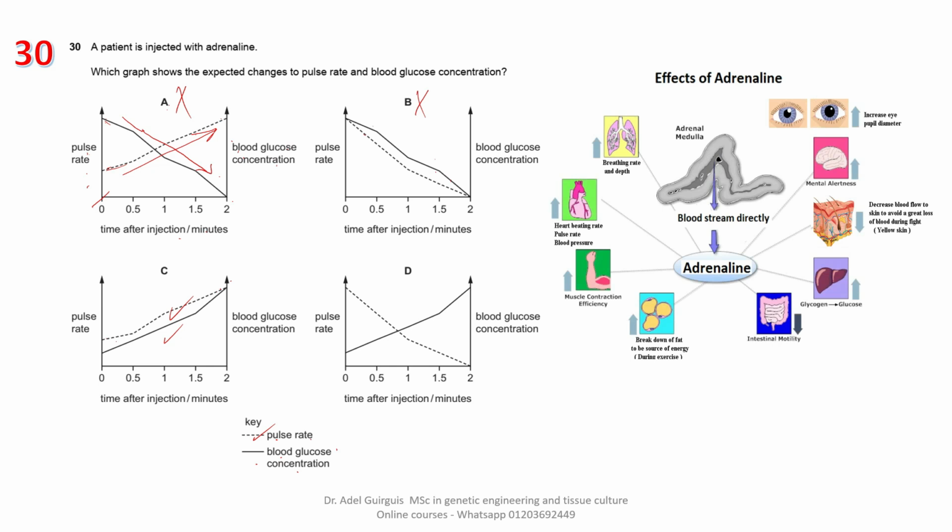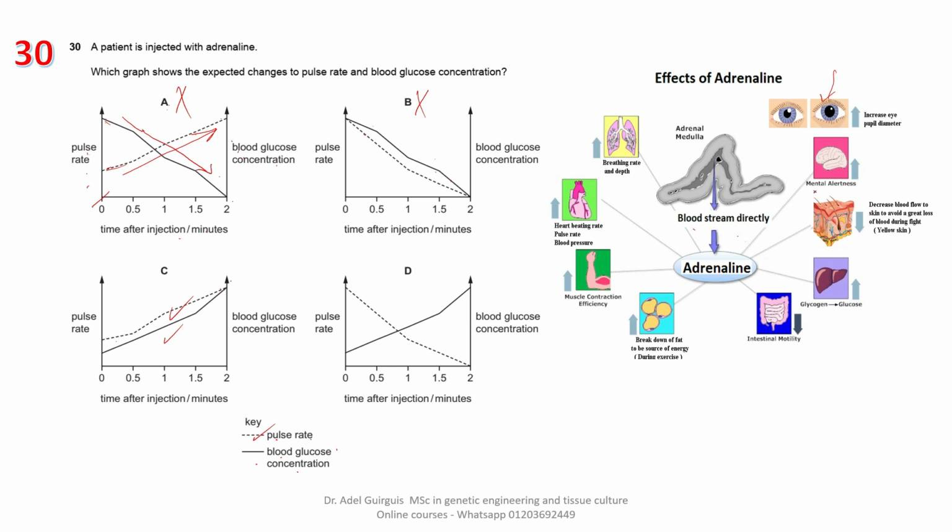The effects of adrenaline in general. Adrenaline shows certain changes when injected or when released in high amounts in an emergency, at stress. Eye pupil diameter increases for more viewing, for sharp vision.